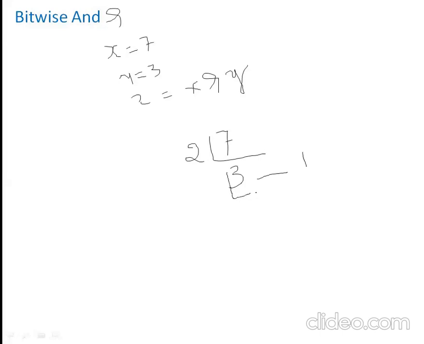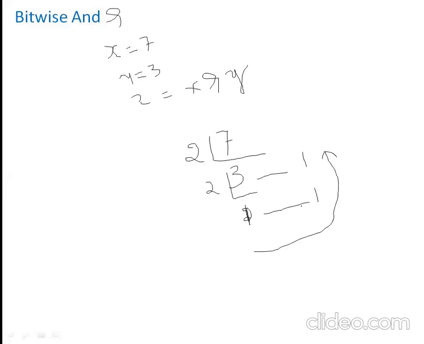Like that, again. 2 twos are... sorry, not 2 twos, 2 ones are 2. What is the remainder again? 1. So this is 1. So from bottom to top we make an arrow like this.